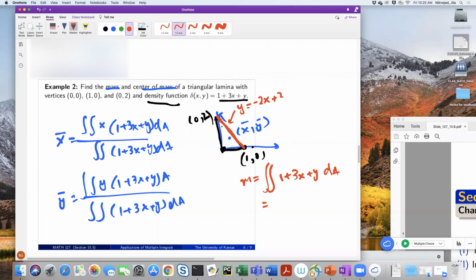Should I do vertical simple or horizontal simple? Let's do vertical. It's already solved for y. So the inner one is going to be from 0 to 2 minus 2x with respect to y.